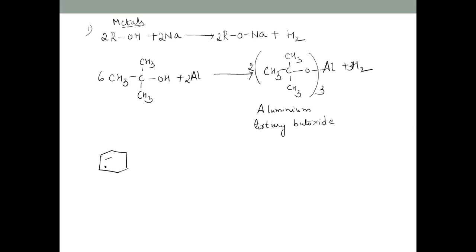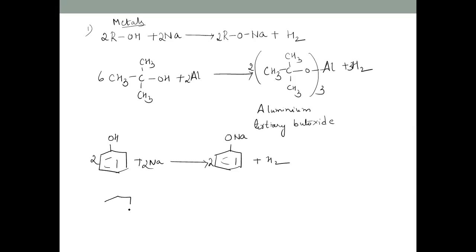We have looked at the reactions of these alcohols. Now with phenols, if I react with sodium, sodium phenoxide is formed here, right? ONa plus H2. Again, the same balancing here.